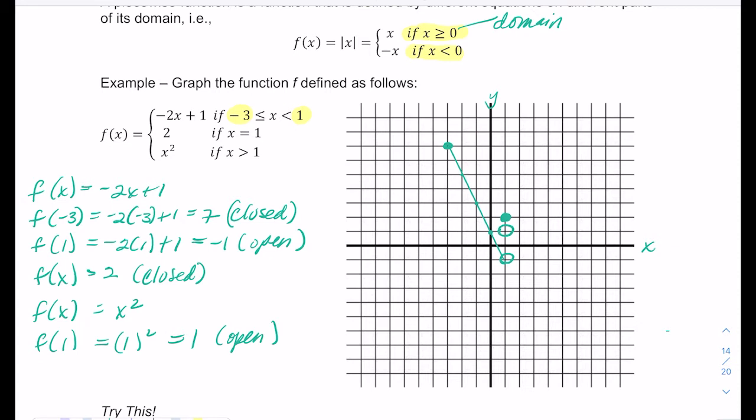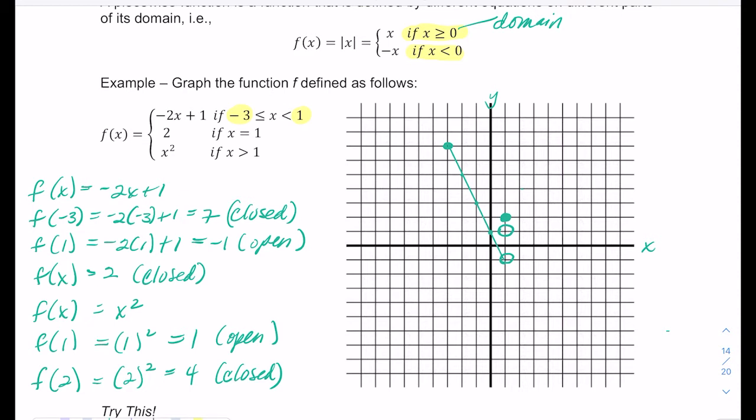And you can plug in numbers greater than 1, like 2. 2 squared is 4. And because it's greater than 1, it's now going to be a part of the graph, so it's going to be closed. So 2 squared is 4, and the point would be 2, 4.